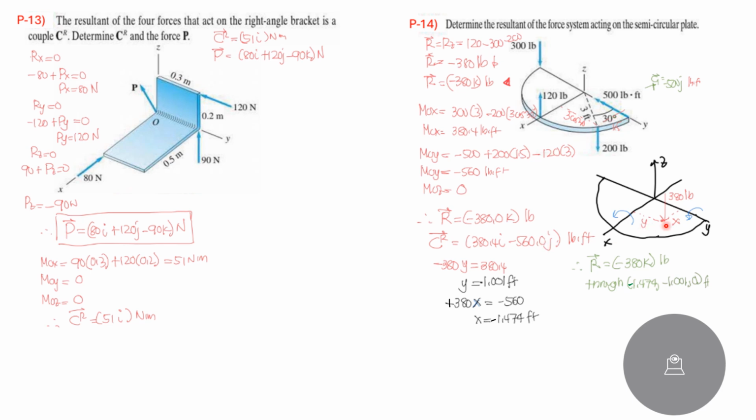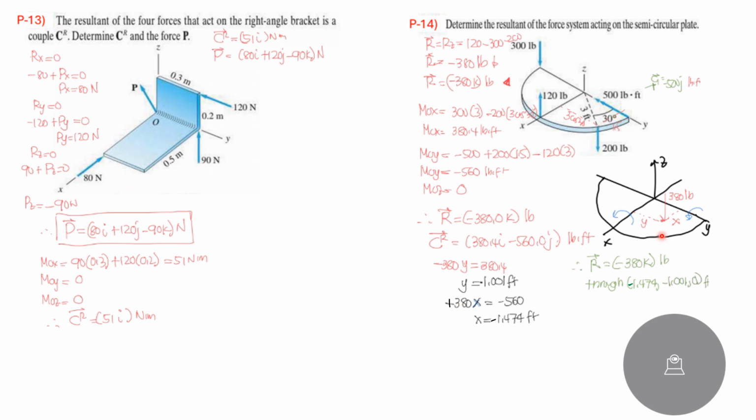Then we now locate the point of application of the 380 force, where the resultant crosses the XY plane. So the moment of the 380 force about the x-axis, this is the positive sense, so its moment is negative 380 times y, and we equate that to the component of the resultant moment about x, 380.4. So y is negative 1.001 foot. That's almost 1 only.